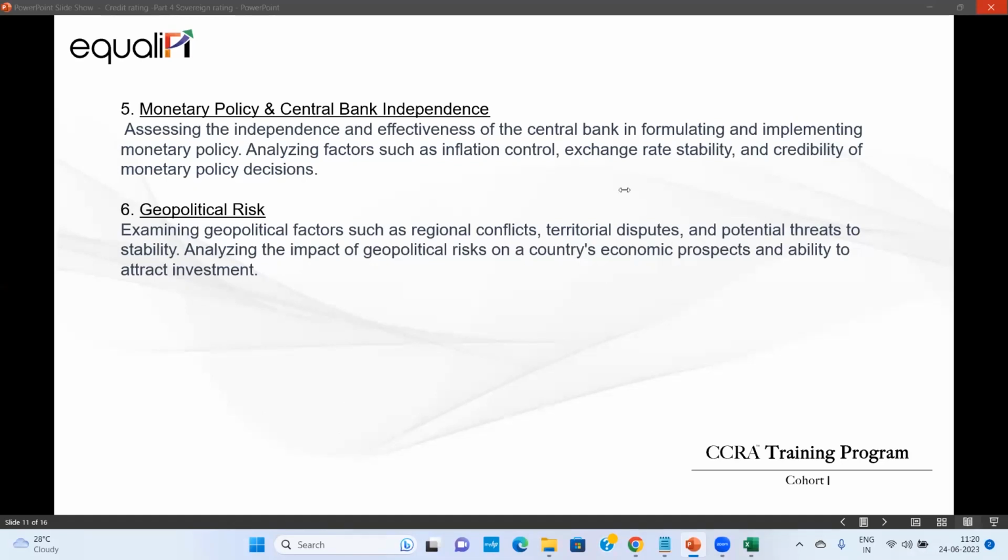Correct, that is the thing I was going to ask you. Let me understand, what do you mean by central bank's independence in formulating strategy? Who is the central bank in India? Correct.